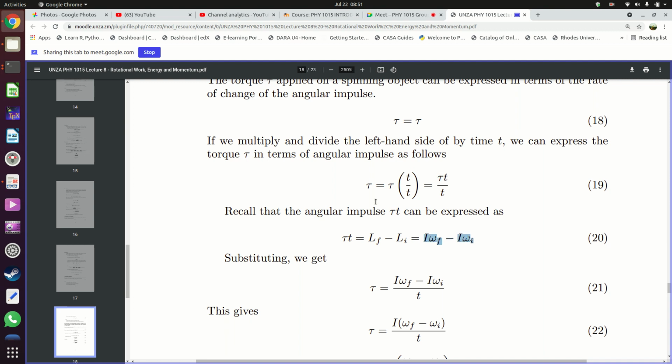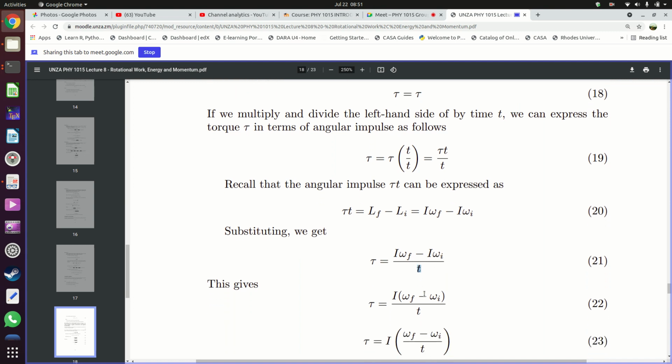So your torque is going to be equal to moment of inertia multiplied by final angular velocity minus moment of inertia multiplied by initial angular velocity, divided by the time.